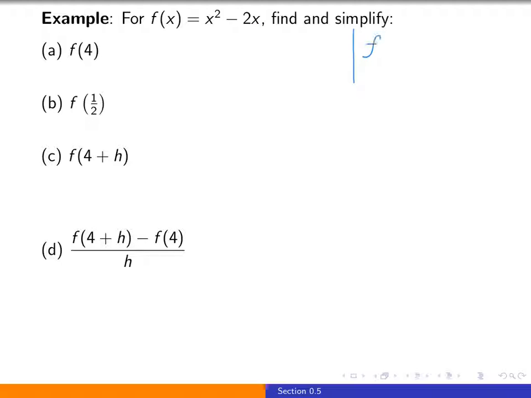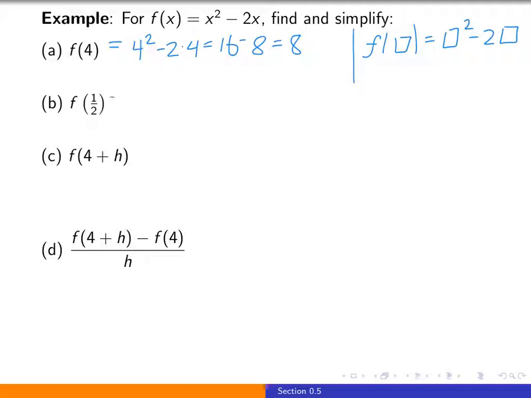And think of this as f of something is that something squared minus 2 times that something. So f of 4, the something I'm plugging in is 4. So 4 squared minus 2 times 4, 16 minus 8, which is 8.